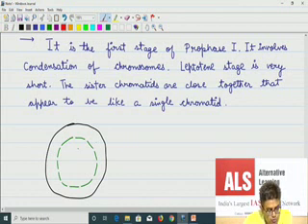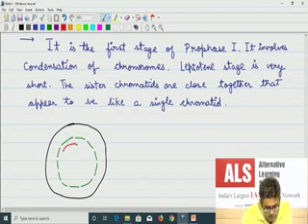Let us draw 2 chromosomes here. Let us draw one with the red color and the other with blue color. Chromosomes are long and slender like this.